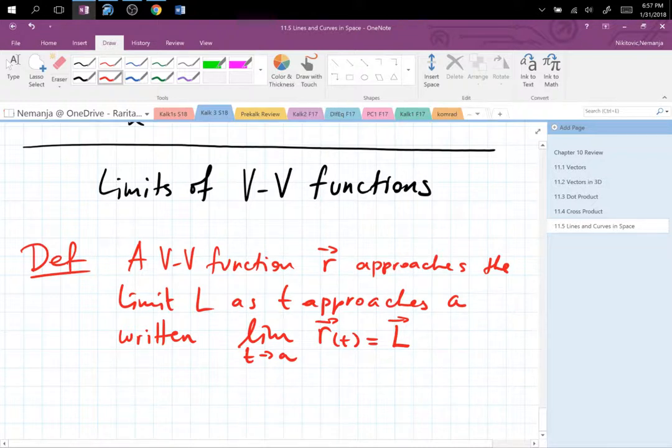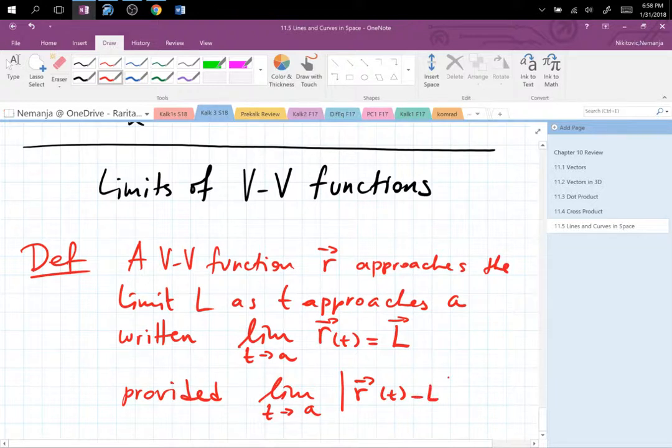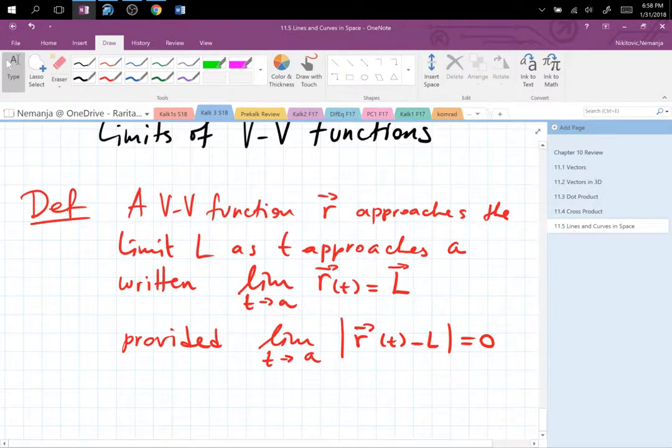Provided that the limit as t goes to a of r of t minus L equals 0. So they're the same at that point.